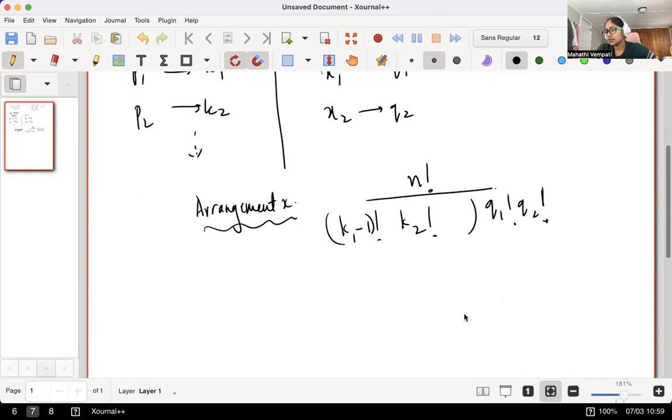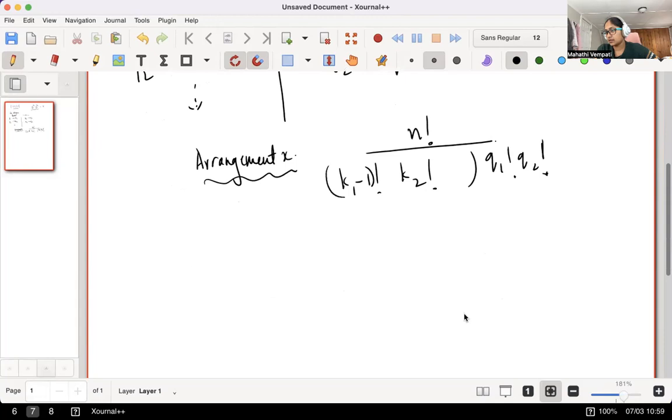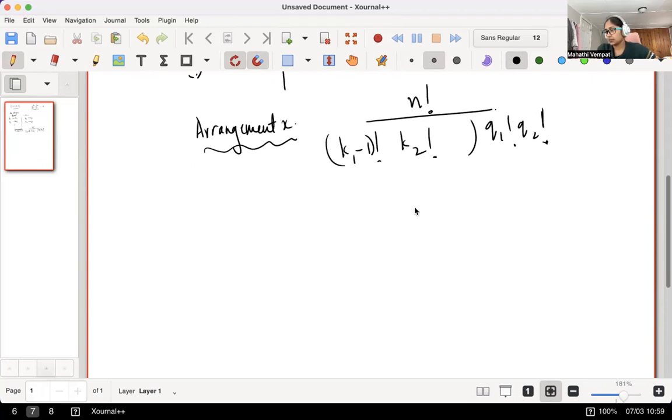Now, this is a lot of counting to do. Is there any way we can store something and potentially compute this?